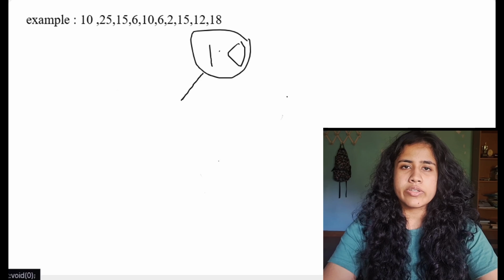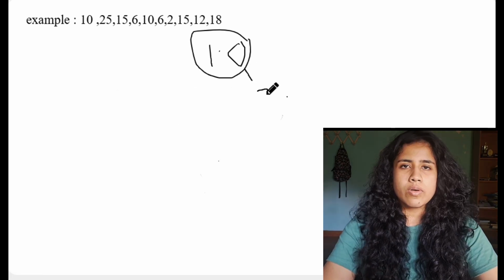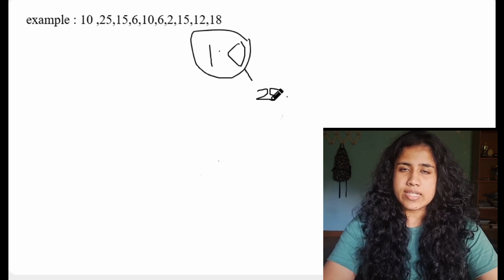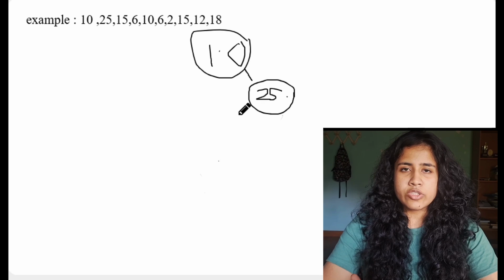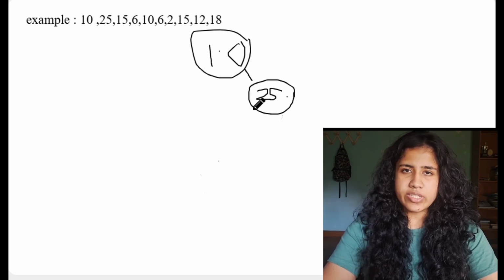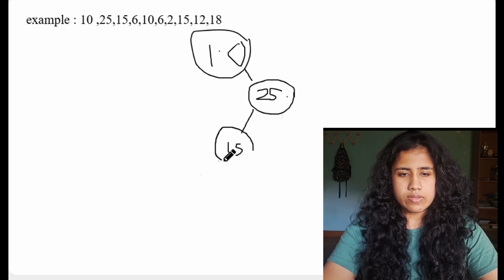So now we'll draw it under the second condition. So we talked about what the second condition is. It means that the duplicate values should be in the left of that child. So we'll start drawing 10.